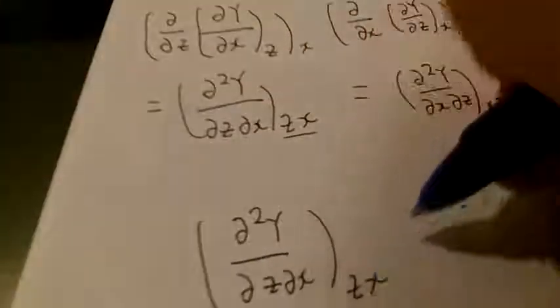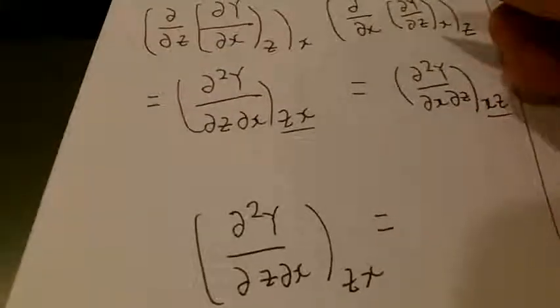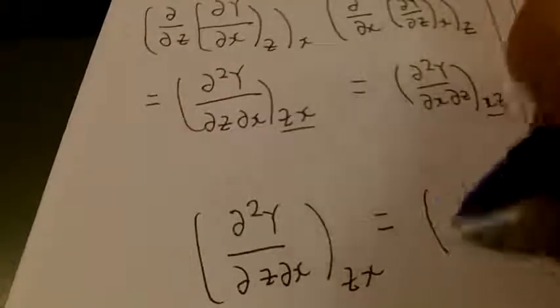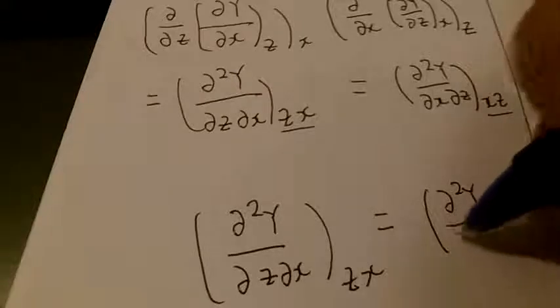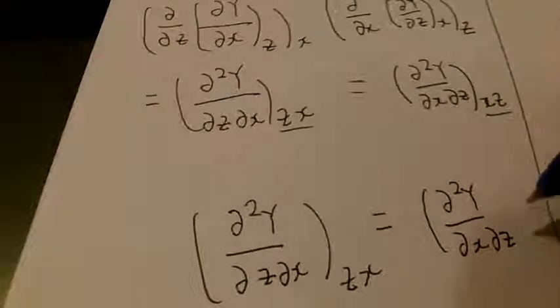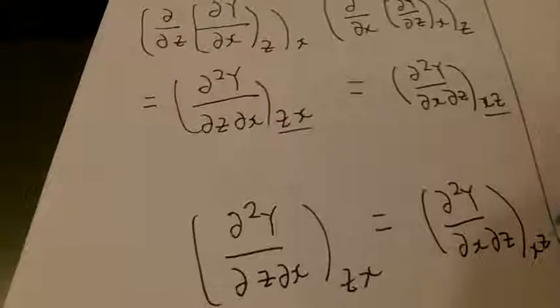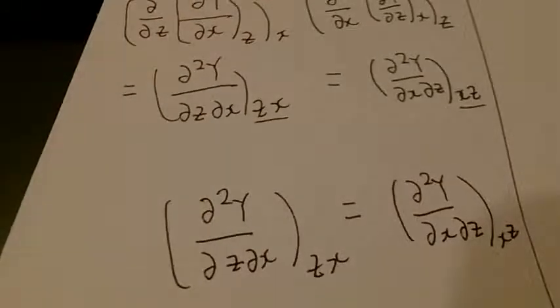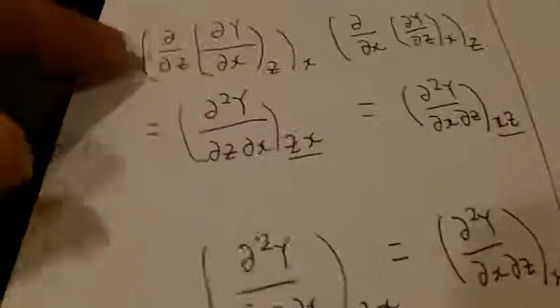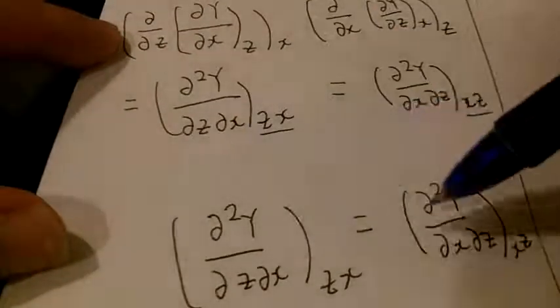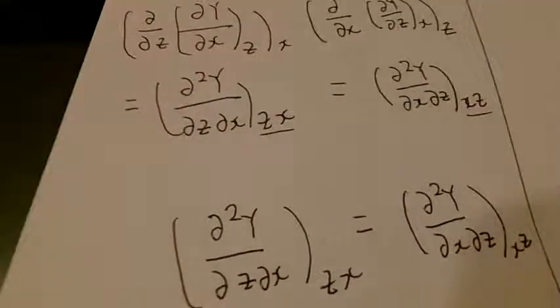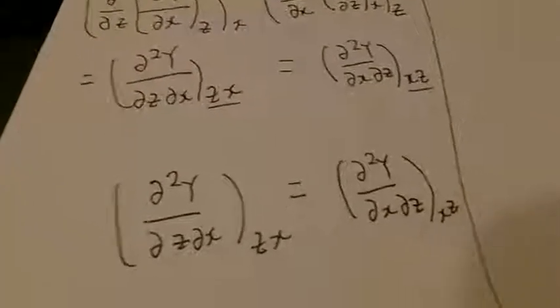Calculus would have it that del 2y del z del x is equal to del 2y del x del z. It doesn't matter which variable you start with, the end result is the same. So that's one of the first things you need to know before deriving the Maxwell relations.